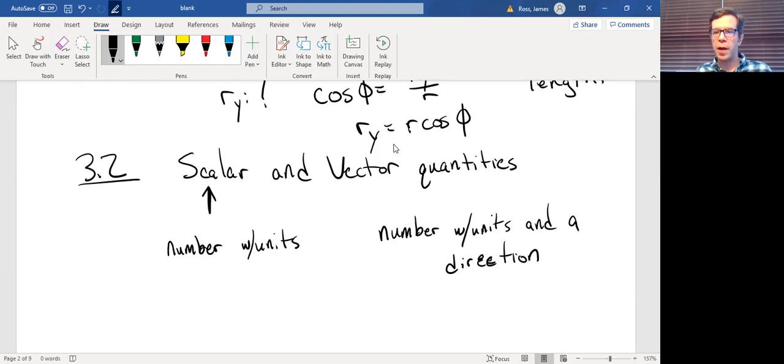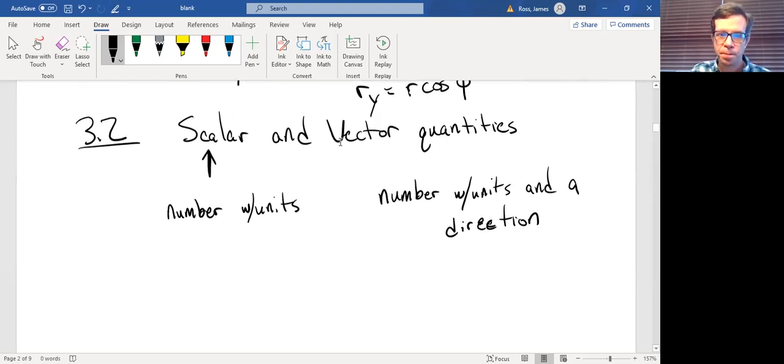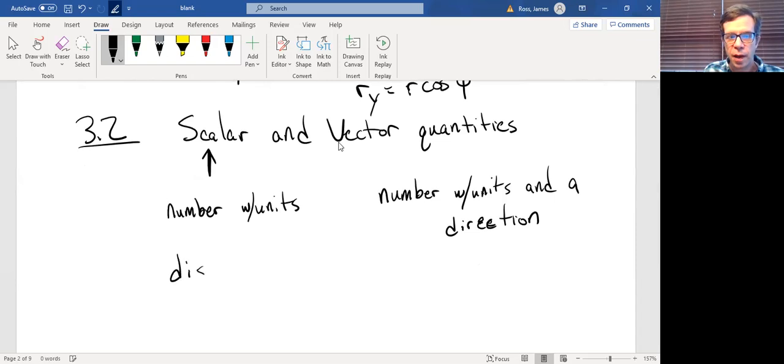So what are we talking about here? If I talk about a distance, I can say that I am 14 feet from the door. But if I say that I am 14 feet, 17 degrees north of the door, then that is a displacement.